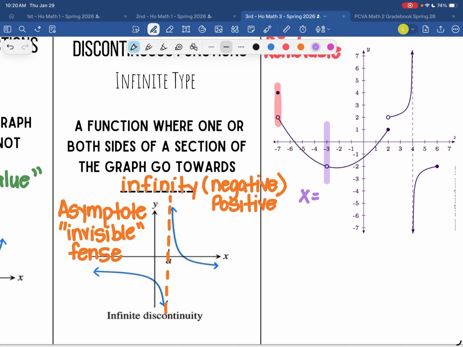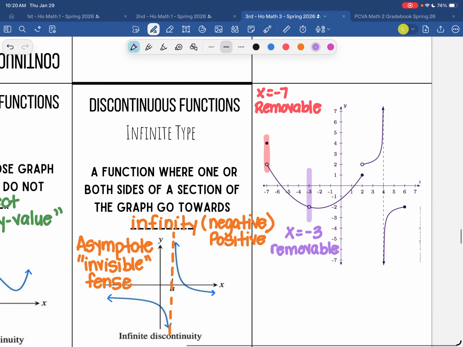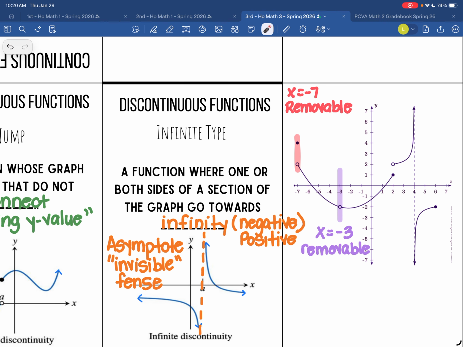It's just that that one doesn't have any other x value that fills it in. So when you do your practice today on Delta Math, they're going to ask you to look between, let's say, -7 to 7 and tell me all the x values that have discontinuity. So right now, my x values that have discontinuity are -7, it's removable, and -3, that's removable.